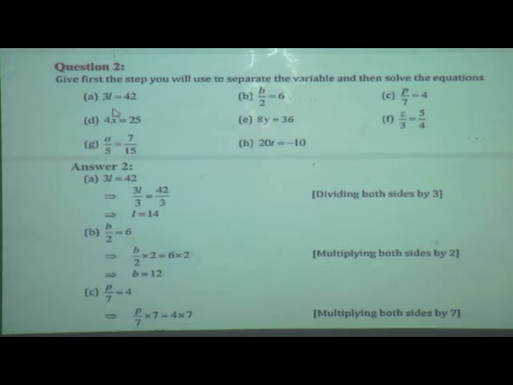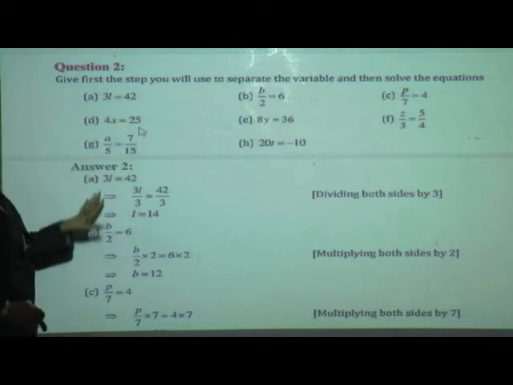Why do we do so with the same number? Because we want a separate variable. Here we have all examples related to multiplication and division. In question number 1, we added sometimes and subtracted sometimes. I will show you here how to do this.